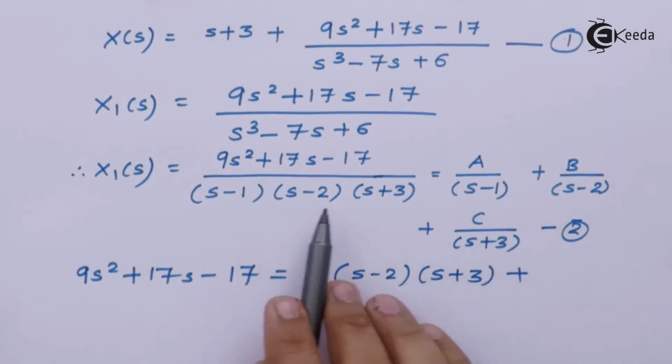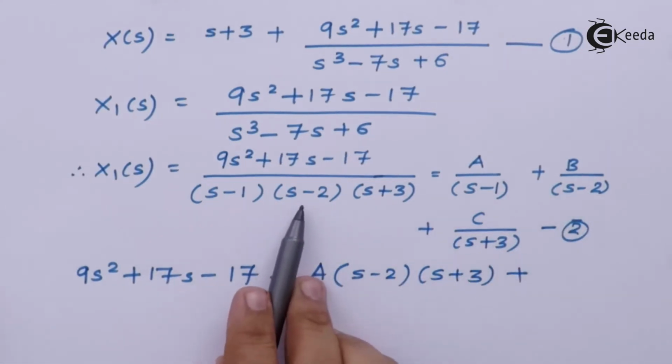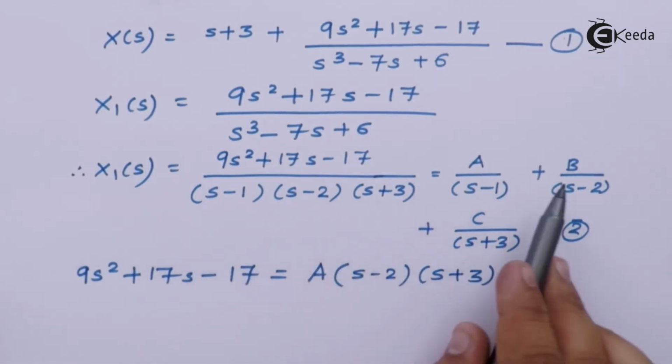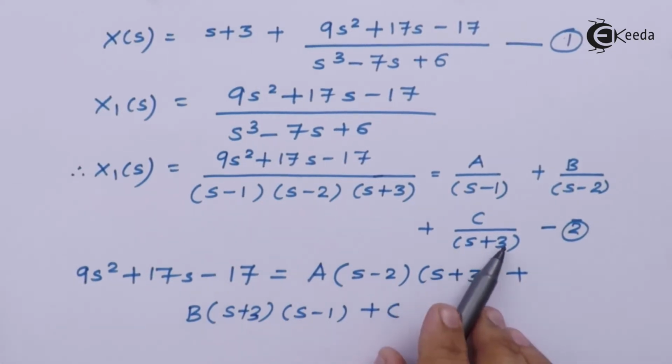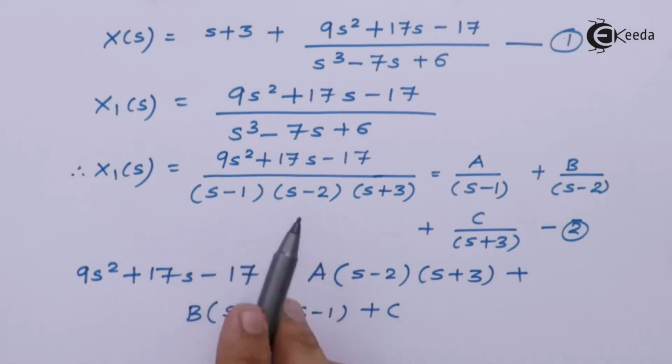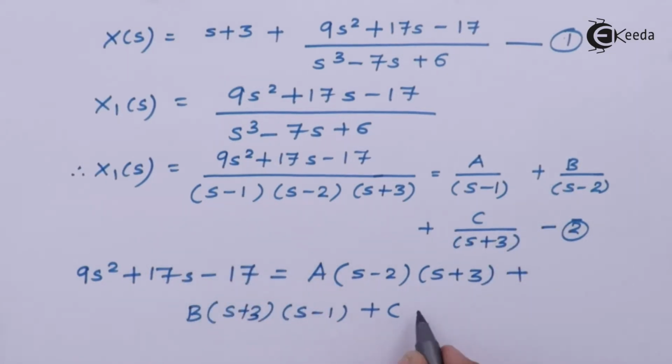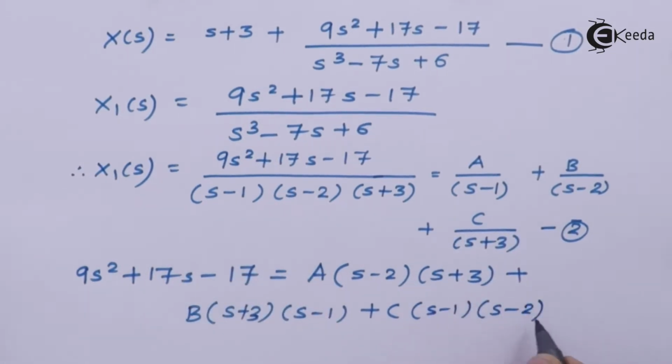Next, here we have s minus 2, so no need to write s minus 2, only these two terms will be multiplied with b, and the last one was c. Here we have s plus 3, so that will get cancelled, so no need to write it, only these two terms will be multiplied with the c. And this is our equation number 3.